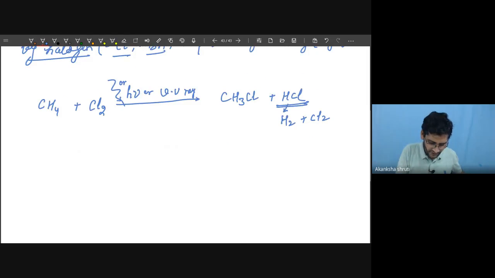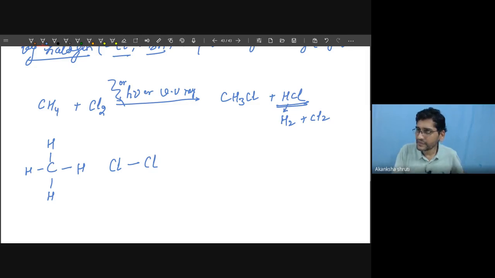Student, this CH4, for this you have to draw the bond structure of CH4 as C with 4 hydrogens. Chlorine, it is also chlorine single bond formed by sharing of one pair of electrons. Now what is going to happen? This hydrogen, or one of the hydrogens of methane, is being attacked or attached by one of the chlorines.